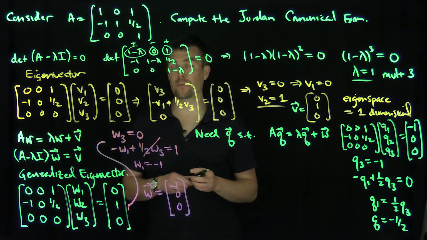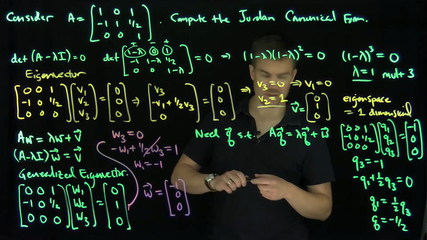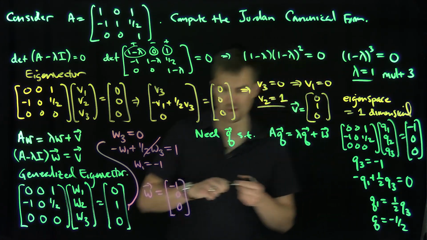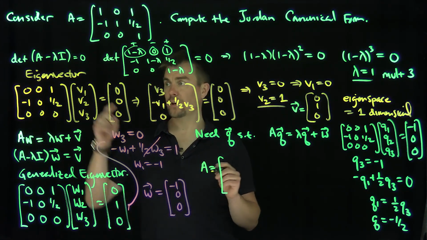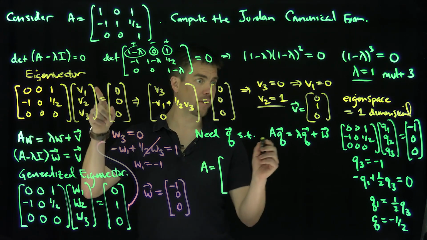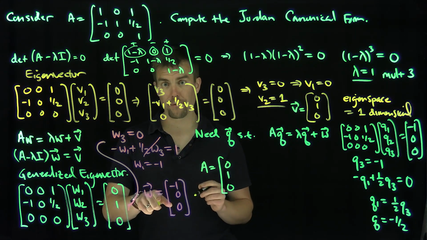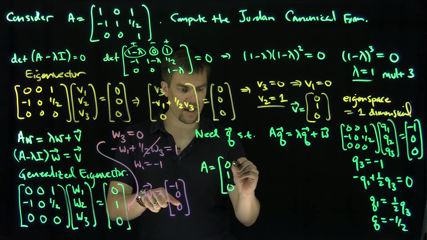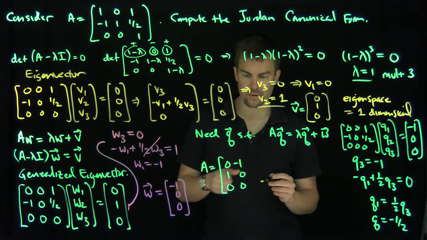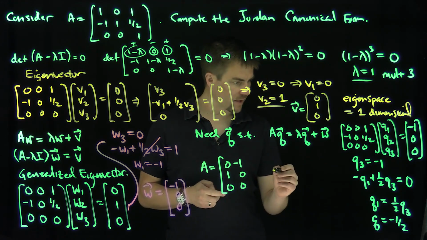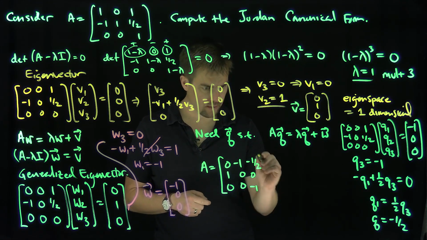Great, so now I can write down the Jordan form of this matrix. What's our Jordan canonical form? Our formula is going to be the following. A is going to be the matrix that corresponds first to the eigenvector. So the eigenvector, 0, 1, 0, goes in first. Then the first level of the generalized eigenvector, negative 1, 0, 0. And then finally the next level of the generalized eigenvector, negative 1/2, 0, negative 1.